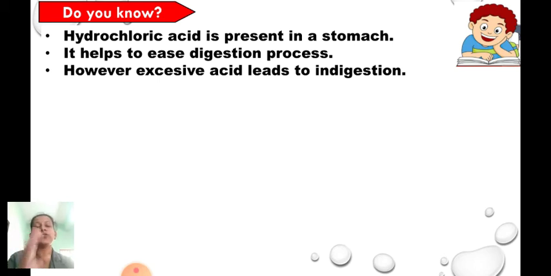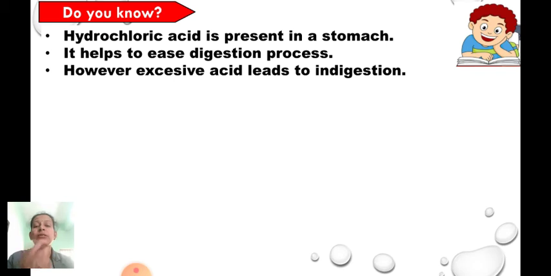Protein is one of the constituents of food, so protein is broken down in the stomach with the help of HCl. Not only that, it also helps in killing certain microorganisms like bacteria and viruses. Therefore, HCl in our body, though it is concentrated, is good for digestion and for killing the different microorganisms which may enter when you are eating food.